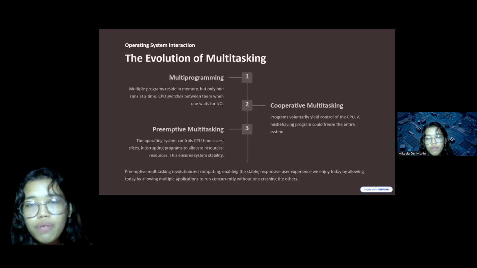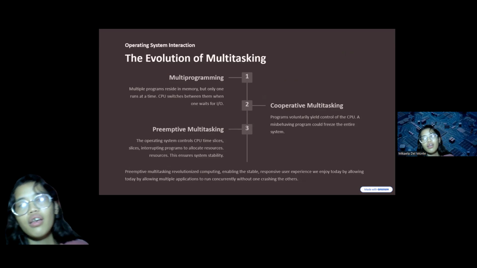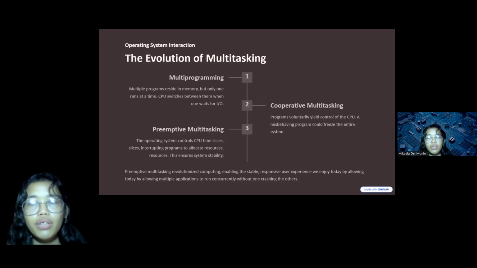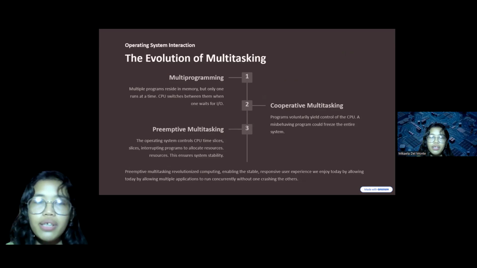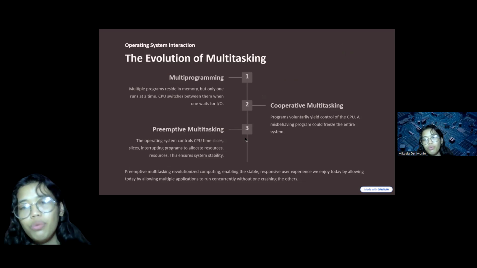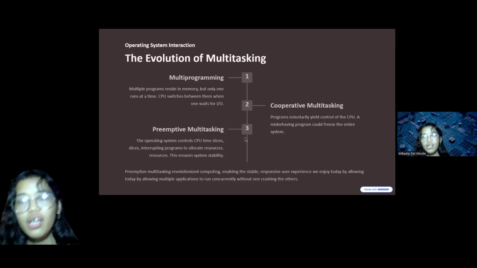Well, the evolution of multitasking. The first one we call multi-programming. Multiple programs reside in memory, but only one runs at a time. The CPU switches between them when one waits for input or output.